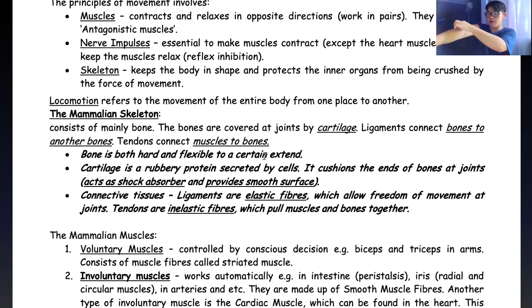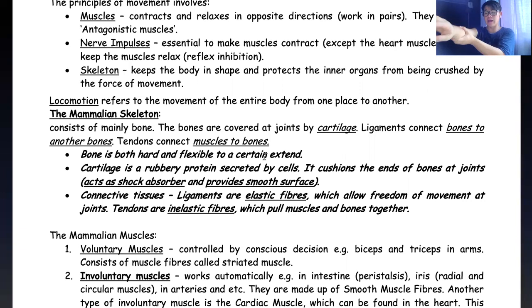The place where your bones meet, this place here, is what you call joints. And beside your bones there would be muscles, right?